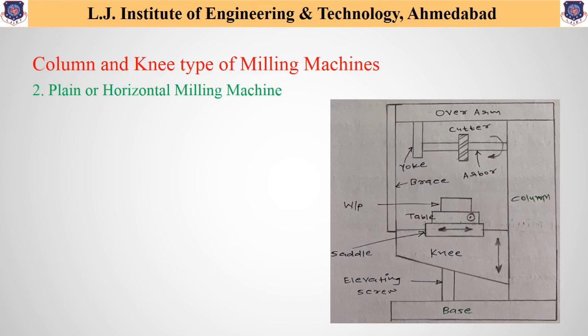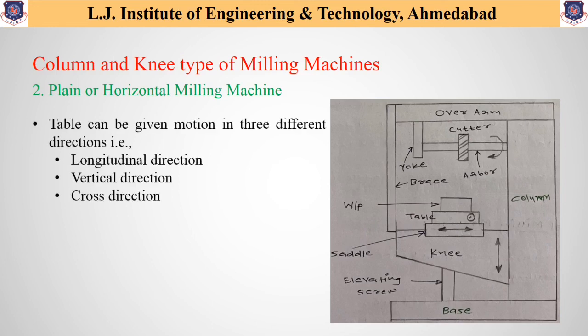So up to now in the horizontal milling machine, we have discussed the different parts available and the different movements that can be obtained. If we further summarize the motion obtained on this machine, first is the longitudinal direction, second is the vertical direction, and third is the cross direction.